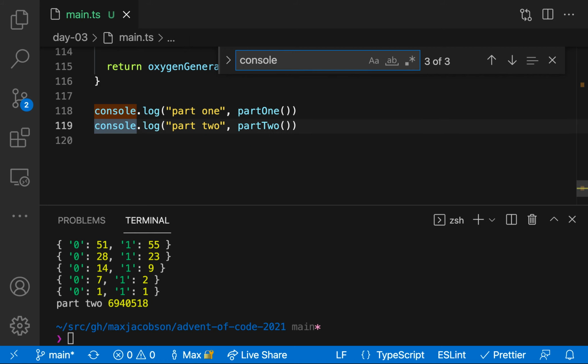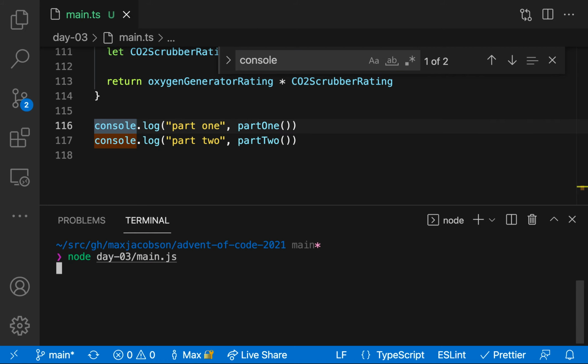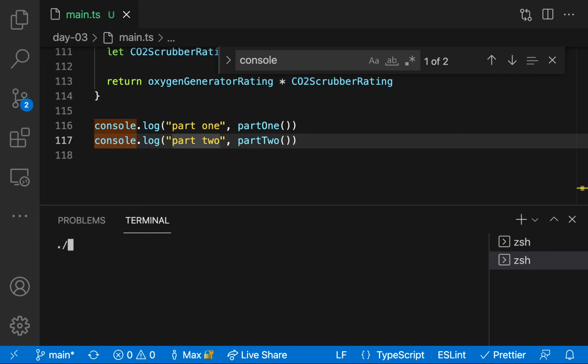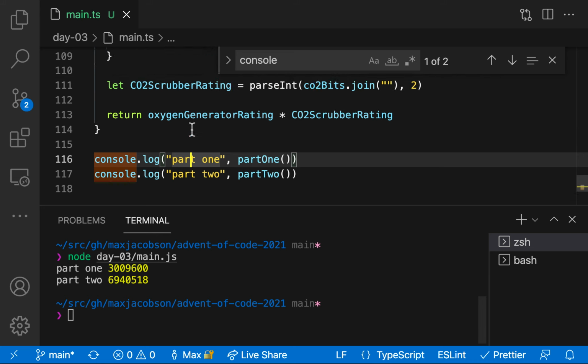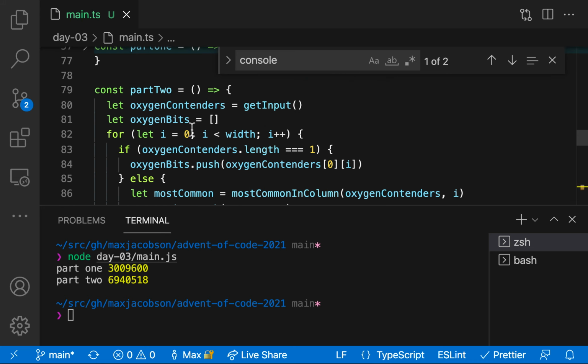Okay, get rid of the console logs that we don't really need anymore. Oh, right, I gotta still run TS watch if I want the changes to take effect. Yeah, fair enough. Okay. I don't remember if that was the right answer for part 1, but presumably.